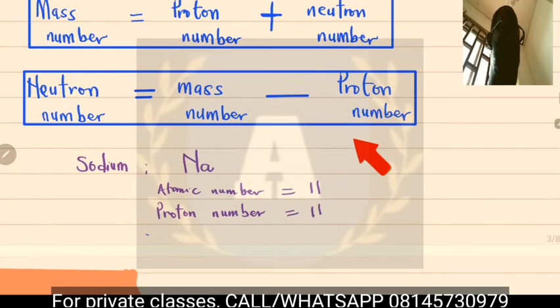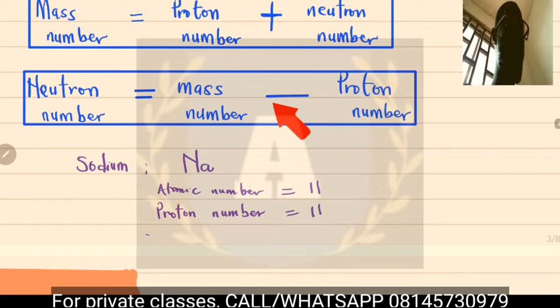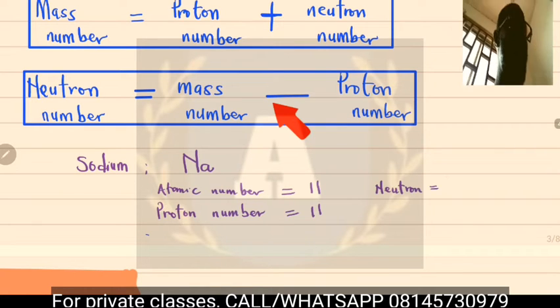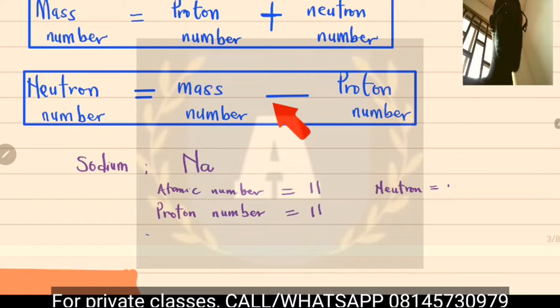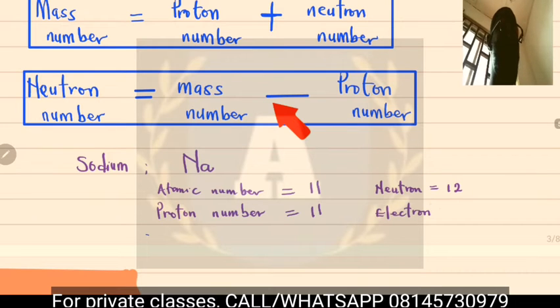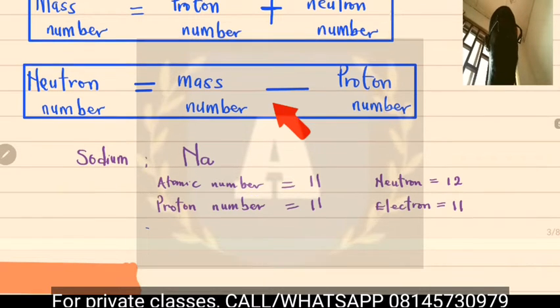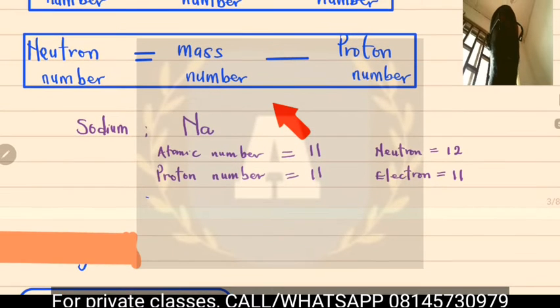However, the neutron number for sodium is 12, and the electron number, don't forget, is the same as the proton number in a neutral atom, which is also 11.